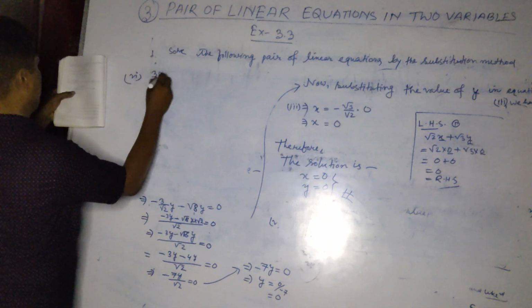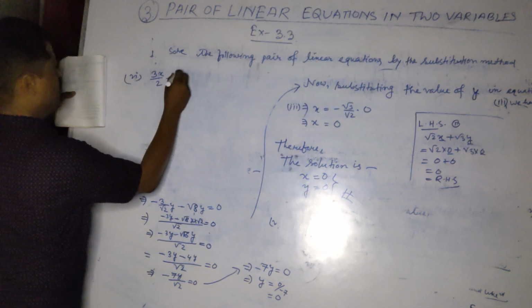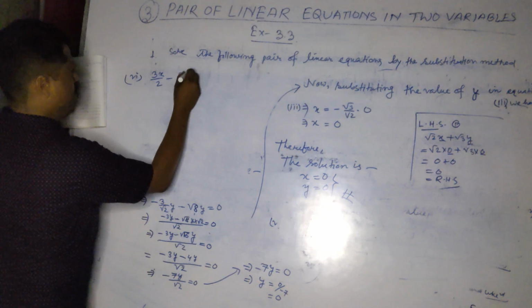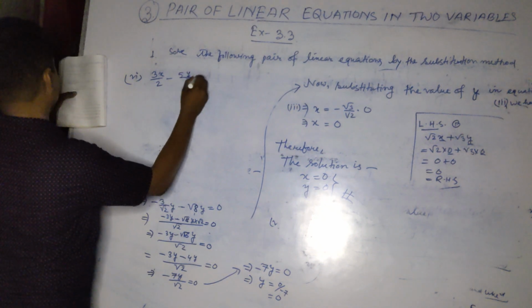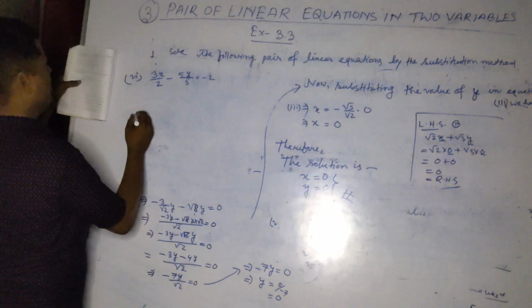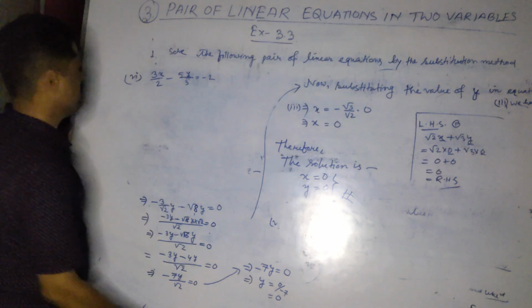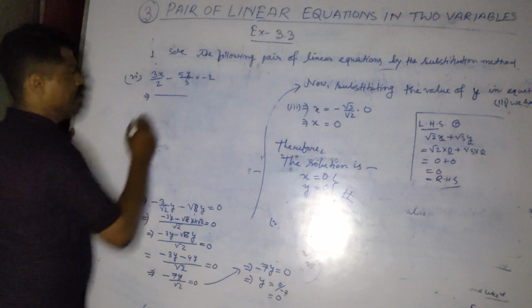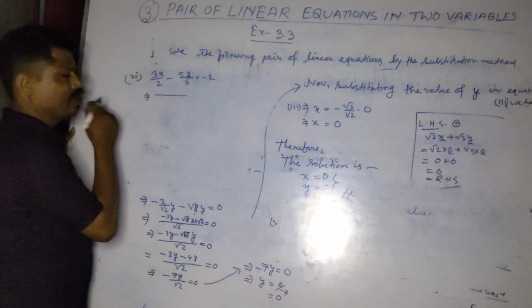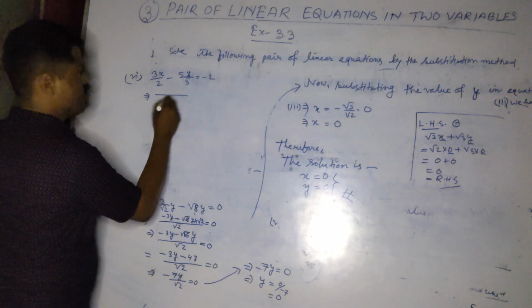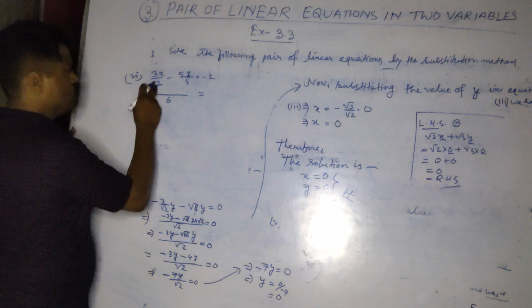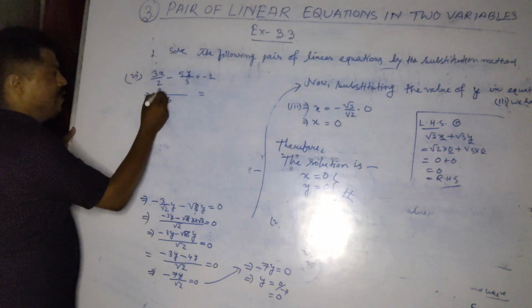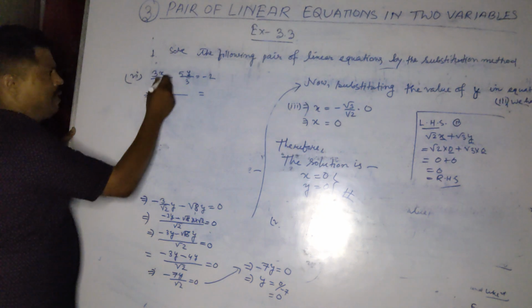3x by 2 minus 5y by 3 is equal to minus 2. So we can write it this way. They are fractions, so we have to take the LCM here. 2 and 3 LCM will be 6. So 2 in 6 how many times? 3 times. 3 into 3, that is 9x. Minus is there.